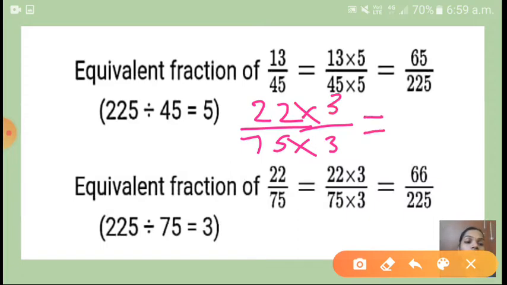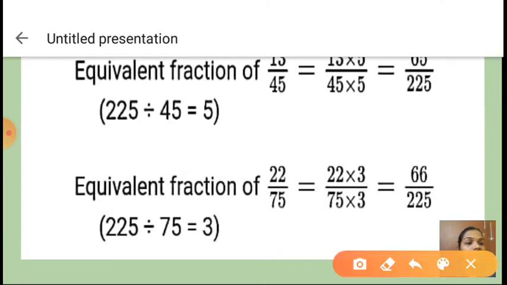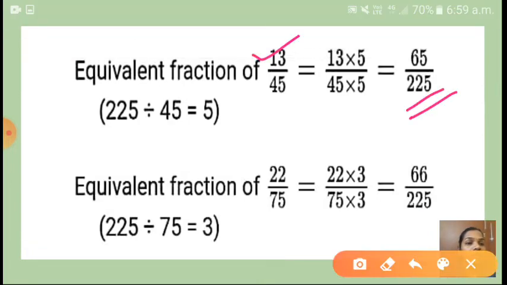So 22 into 3 is what? 66 upon 225. Okay. So children, see here, this 66 upon 225 is one of the equivalent fractions of 22 upon 75.